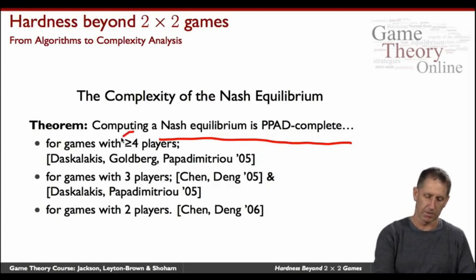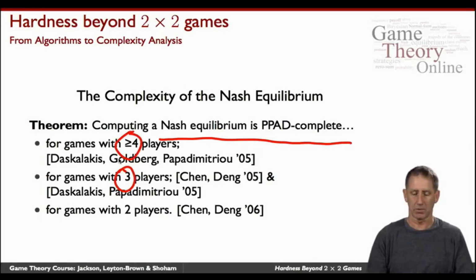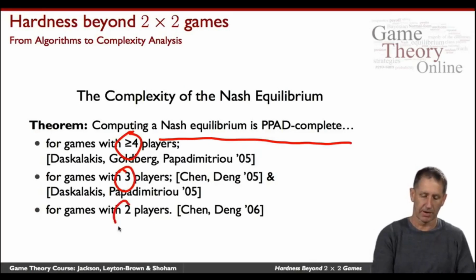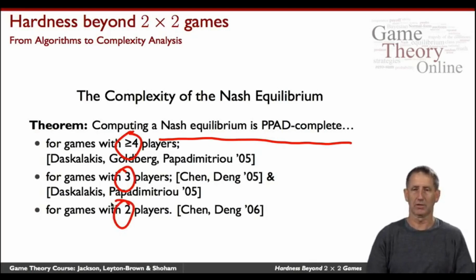Initially proved for 4 players, then for games with 3 or more players, and then finally in 2006 for all classes of games. And so we widely believe that the problem is not polynomial, we cannot prove it, but we do know where it resides within the complexity hierarchy that we are familiar with.